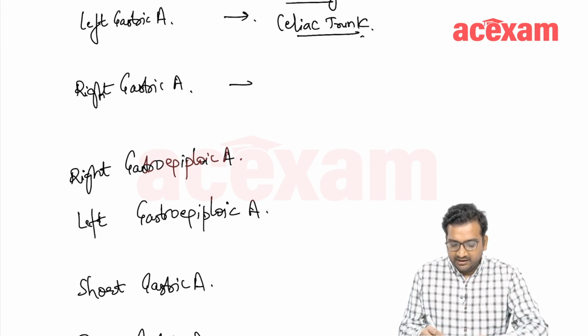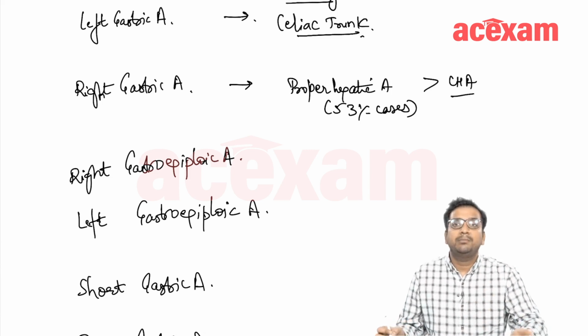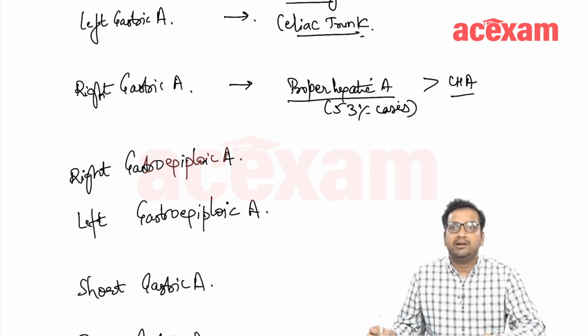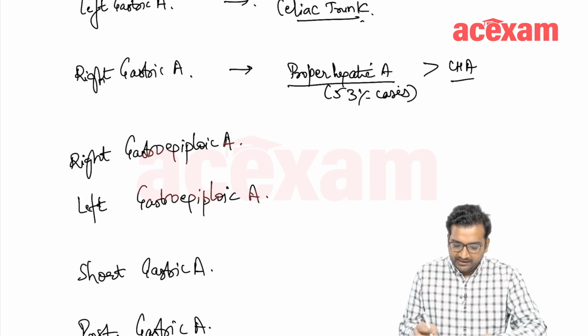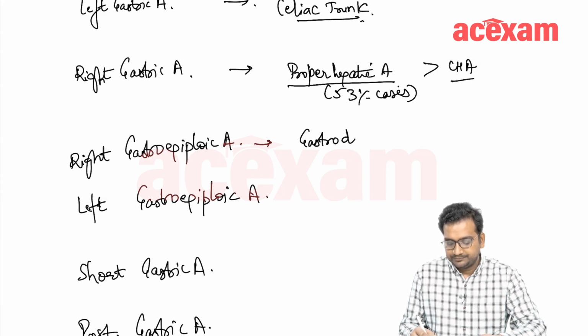Then right gastric artery is a branch of proper hepatic artery in 53% cases, followed by common hepatic artery. It can originate from both proper hepatic and common hepatic, but in majority of the cases it originates from proper hepatic artery. Okay, then right gastroepiploic artery originates from or is a terminal branch of gastroduodenal artery.